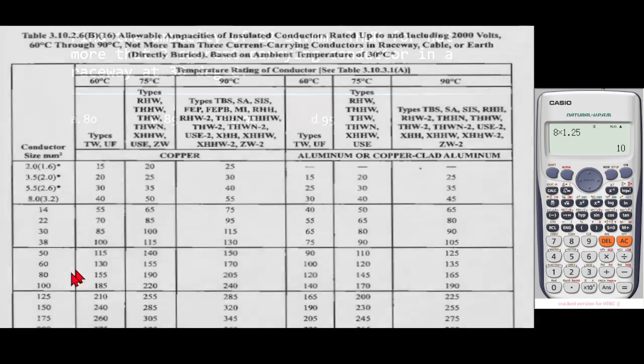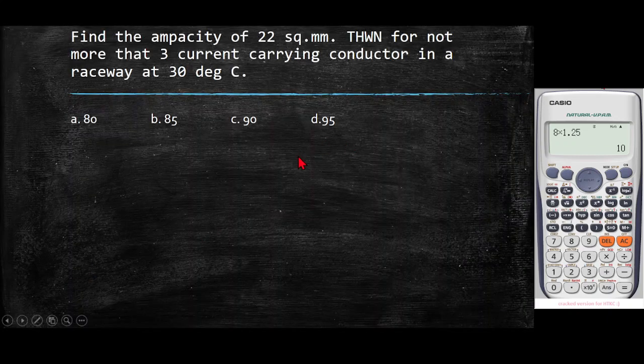Okay, let's have this example: find the ampacity of 22 square mm THWN for not more than 3 current carrying conductors in a raceway at 30 degrees Celsius. It does not exceed three, so the first table I showed earlier is applicable, but it is used at a lower temperature, 30 degrees Celsius.